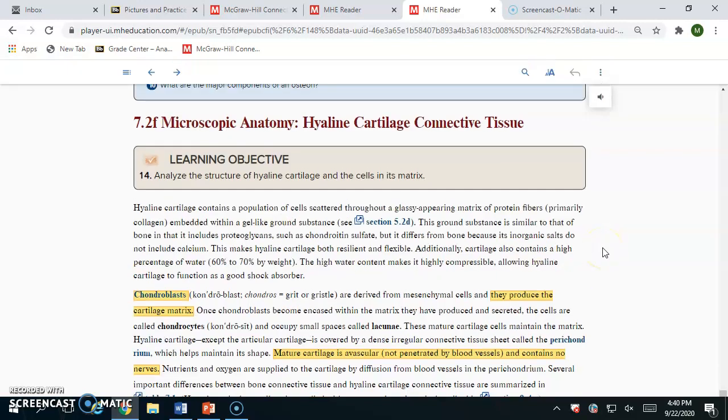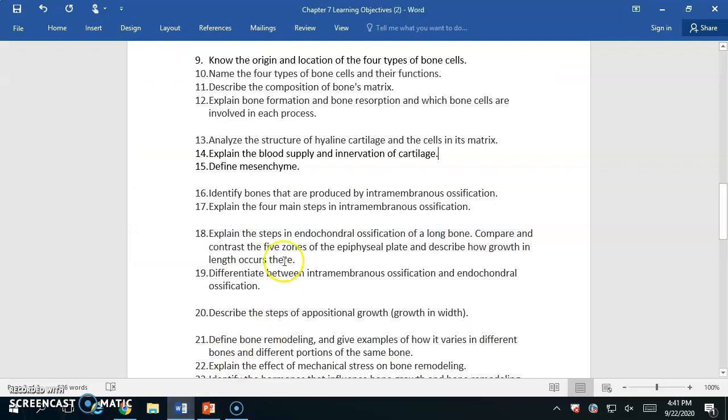Okay, we have two different processes by which the various bones in our bodies will form. The other way, the bone will form from a different tissue called mesenchyme. So on our objectives here, we want to learn about mesenchyme.